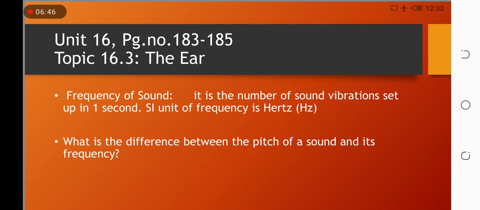Keep in mind that as pitch is the sensation of frequency, the higher the frequency, the higher the pitch, and the lower the frequency, the lower the pitch. This is the relationship between pitch of a sound and its frequency.